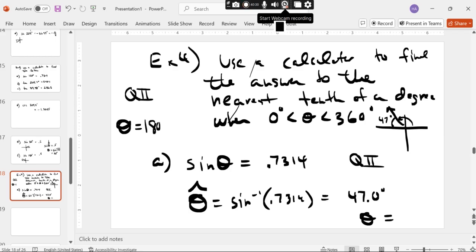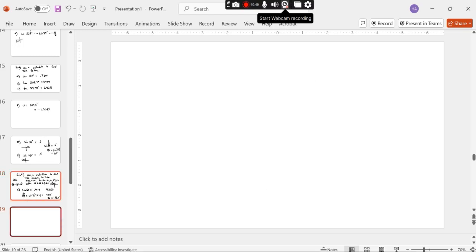Okay, 180 minus theta hat. Cool. Answer is 133.0, right? Boom. Are we good there? So we did the forward way of doing reference angle, and now we're doing the backwards way. So now, one more. You guys good?